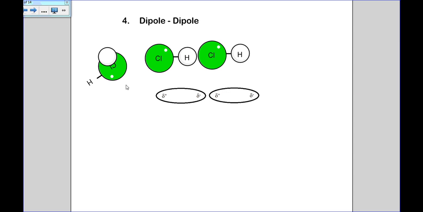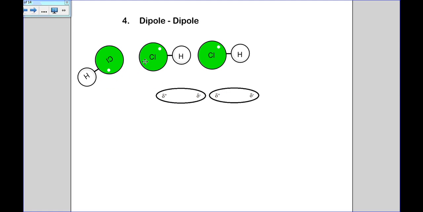Now, another example which we could have is a dipole-dipole structure. This one will be easier to work out because we have HCl. And HCl, we know, is a polar molecule where the chlorine has a higher electronegativity than the hydrogen. So the electrons are more in the vicinity of the chlorine.